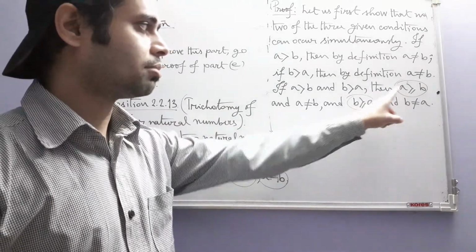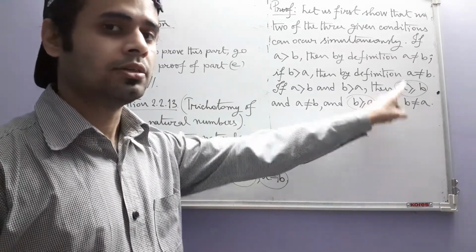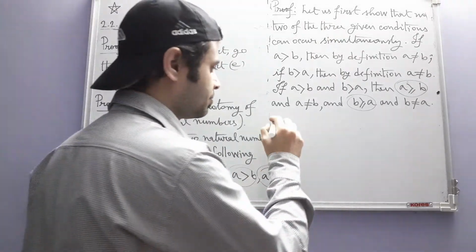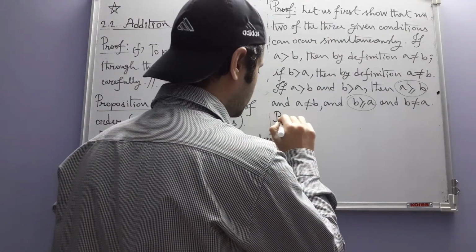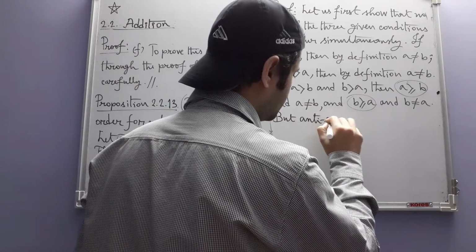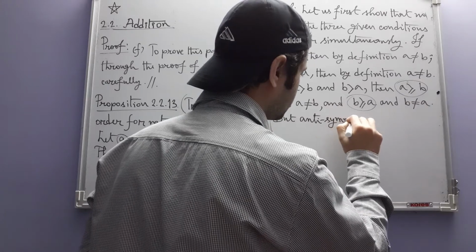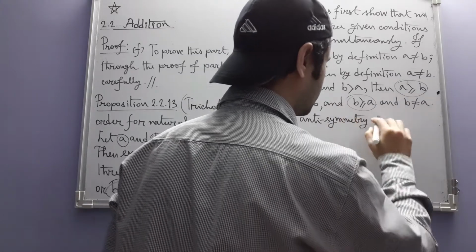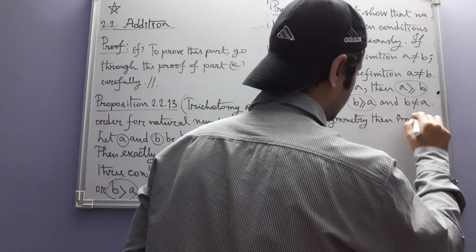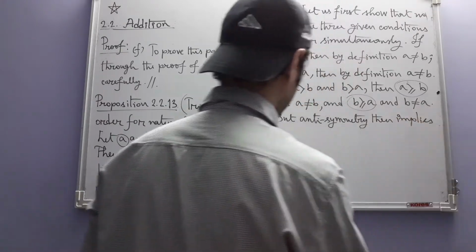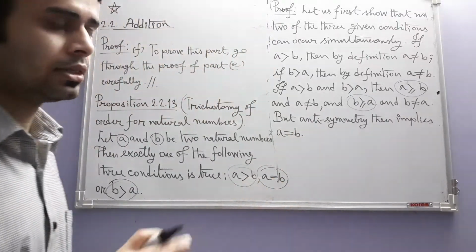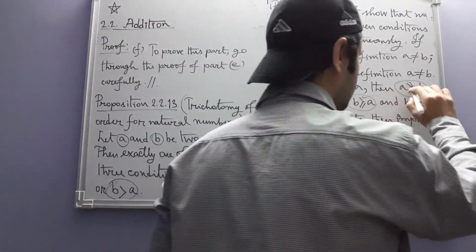That is coming from anti-symmetry, the thing that we have already proved in the previous result. Anti-symmetry then implies A is equal to B. You know where anti-symmetry is coming from: these two conditions.